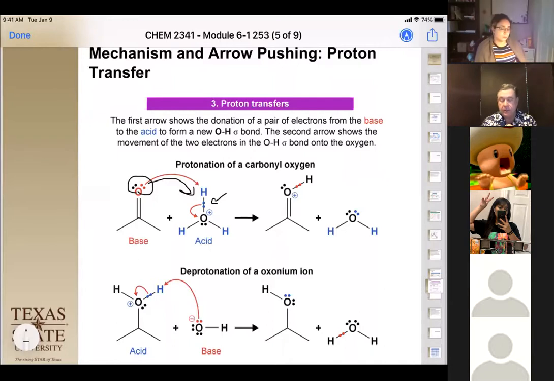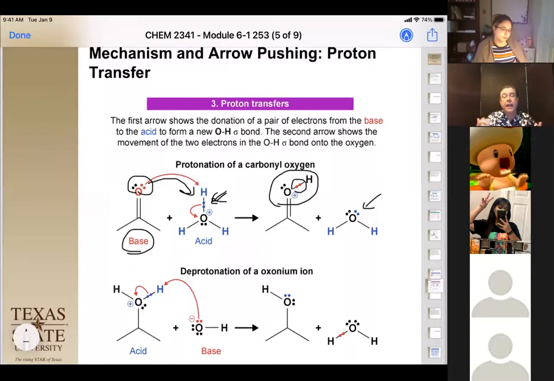So the electrons that the oxygen on the base has here are going to form that new sigma bond. And when it does that, we end up with a positive charge on oxygen. And those electrons are the ones that form the new sigma bond. The electrons that were forming the bond to make the hydronium ion go to the more electronegative atom always. And so they stay on the oxygen. So you can always look for where the electrons are going to go by saying which atom's more electronegative and which bond is the easiest bond to break.